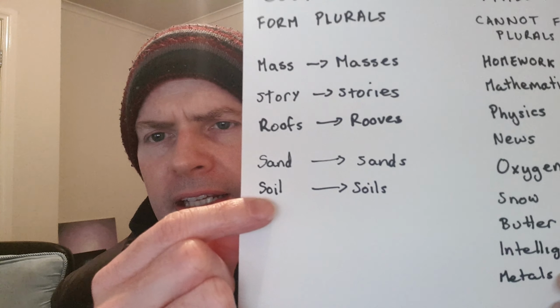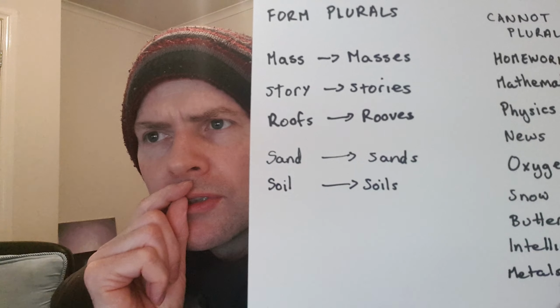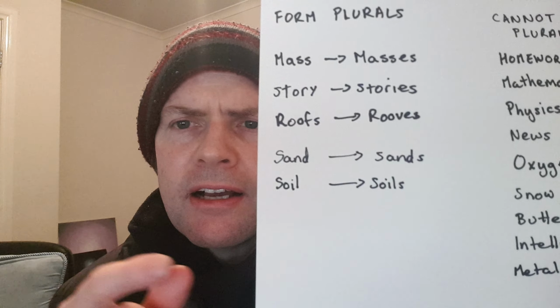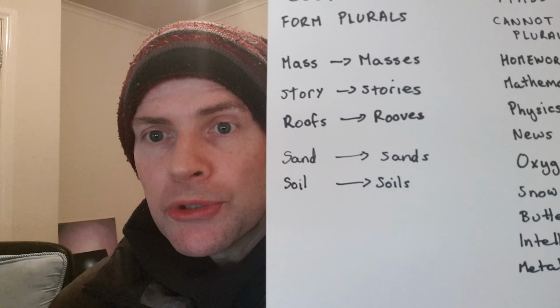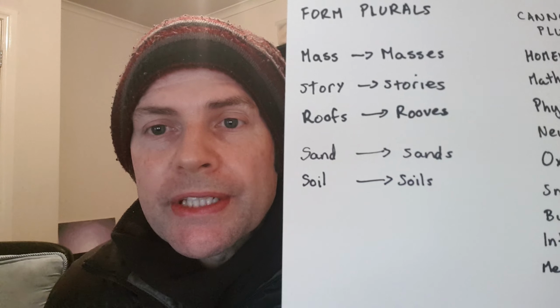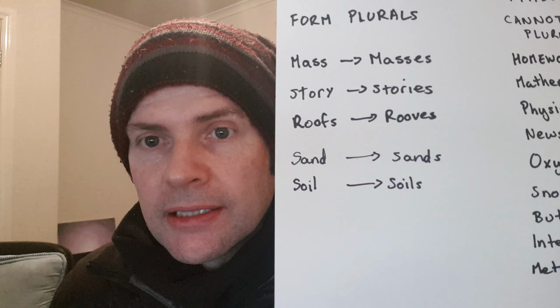But with sand and soil, you're talking a similar thing, but all the soil in your backyard is just soil, because it's singular. All the soil in your backyard is just 1.